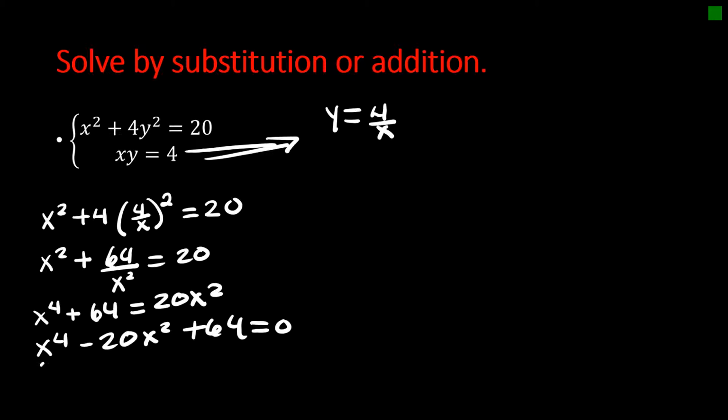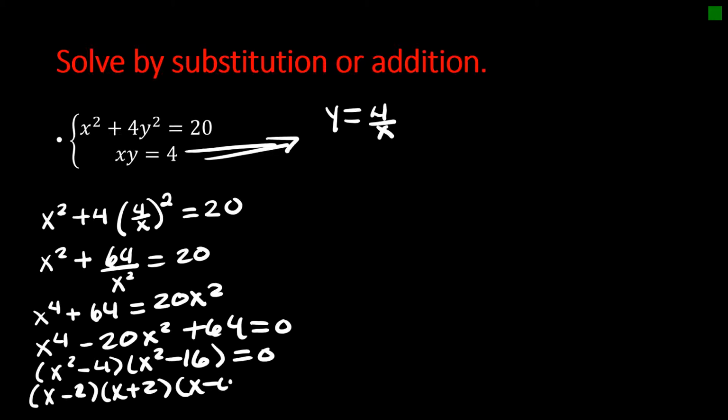Now, we can factor: x squared minus 4 and x squared minus 16. And this factors as x minus 2, x plus 2, x minus 4, and x plus 4.